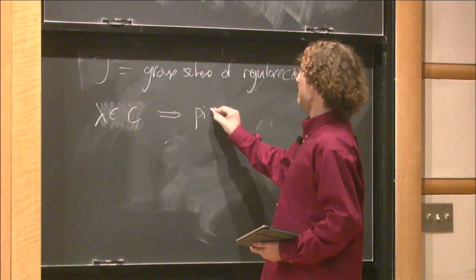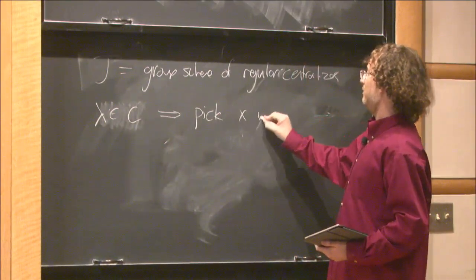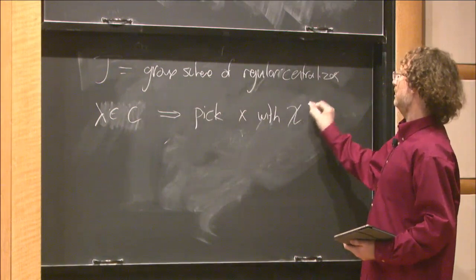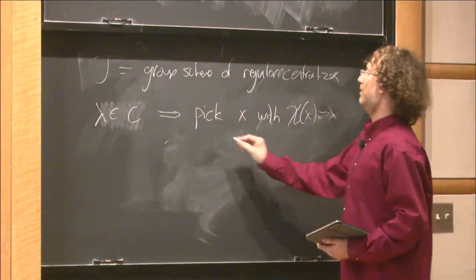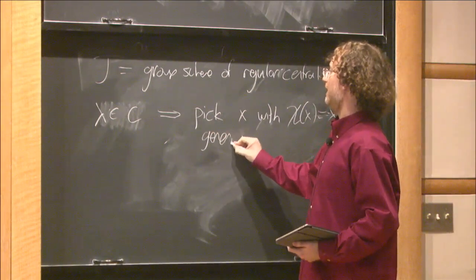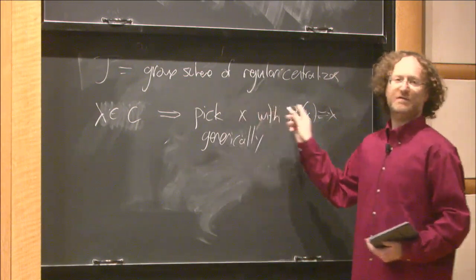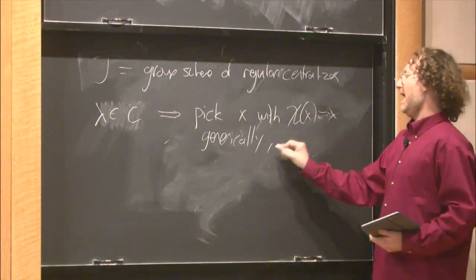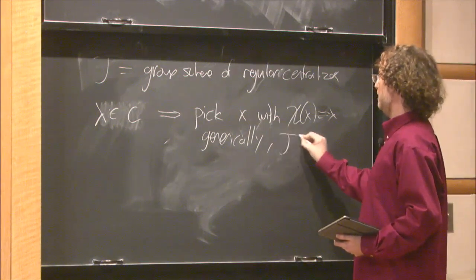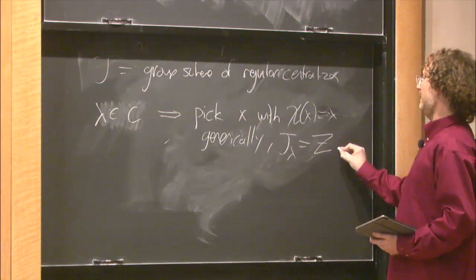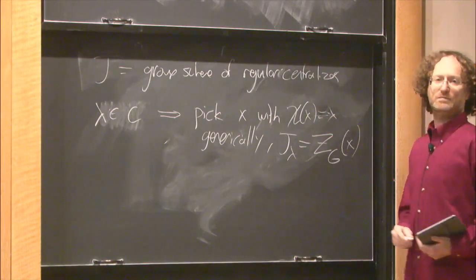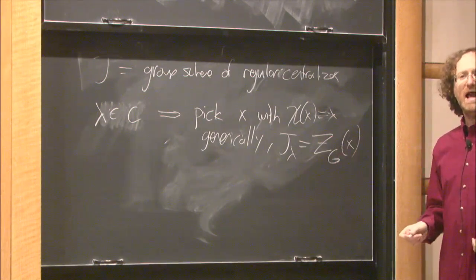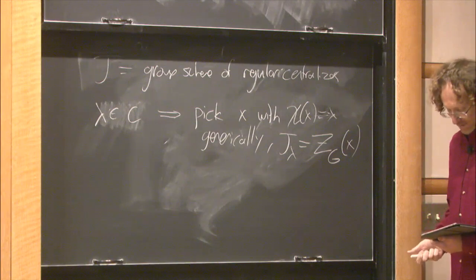I'm going to pick an x with characteristic polynomial lambda as generically as you can. There are lots of different conjugacy classes with the same characteristic polynomial. Pick the most generic one you can, and look at the centralizer in the group of this x. So pick the best x you can, and look at its centralizer.